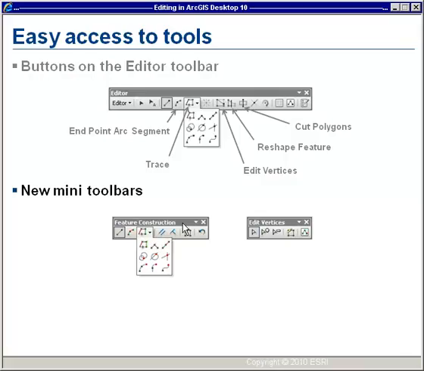So here's the feature construction toolbar. It shows up as soon as I start digitizing features with a line tool or with a polygon tool, and it gives me other tools that I might want to switch to. So for example, there is the trace that I'm going to show you in the next software demonstration. It comes with a whole tool palette. If you click the drop-down menu here, you get all these other tools that you may want to switch to.